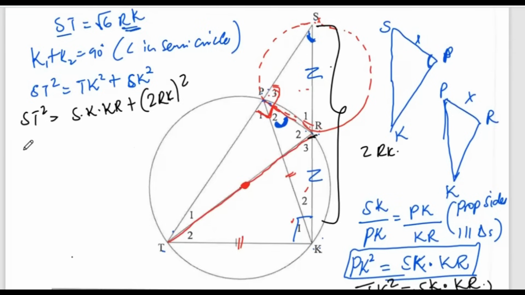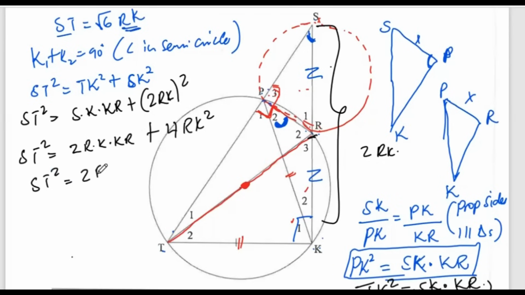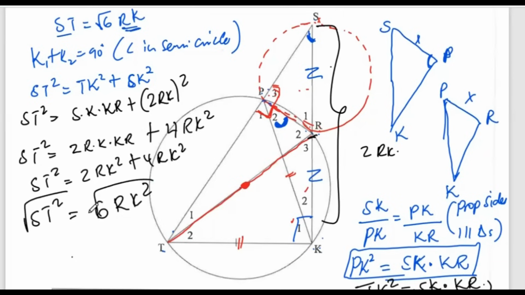Which means ST squared is going to be 2RK squared plus 4RK squared. So ST squared is 6RK squared. Then I take square roots on either side, and that's going to be root 6 RK. So that is what we have to do.